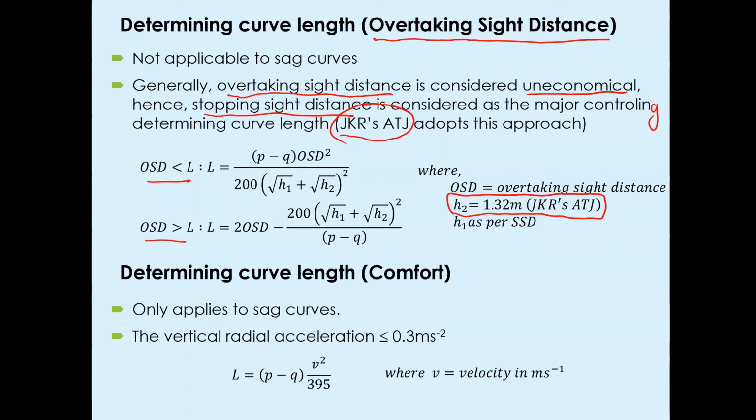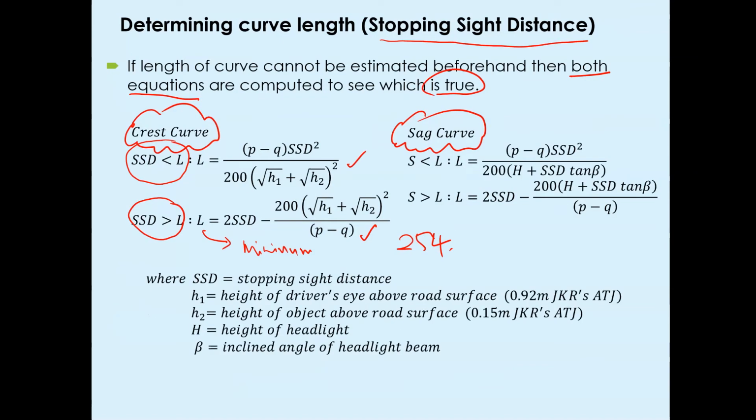I think I forgot to mention previously that in JKR's ATJ, H1, the height of the driver's eye, is 0.92 in the standard, whereas the height above the road surface of the object, H2, is 0.15. Meaning that you're driving, assuming your eye level is 0.92 meter from the road surface, and the object over the crest is 0.15 meter.